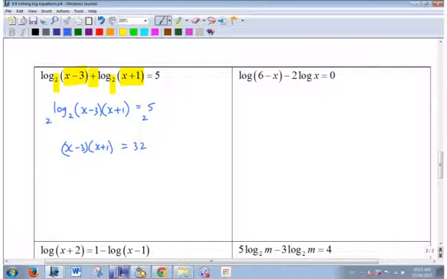What was the question? It said solve, right? How do I get x here? Let's go back to math 11. Actually, this is math 10. Okay, expand this guy, FOIL it: x squared plus x minus 3x minus 3 is 32.